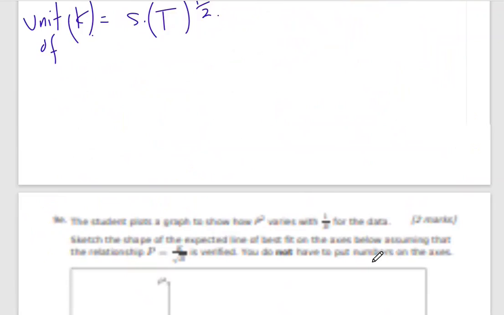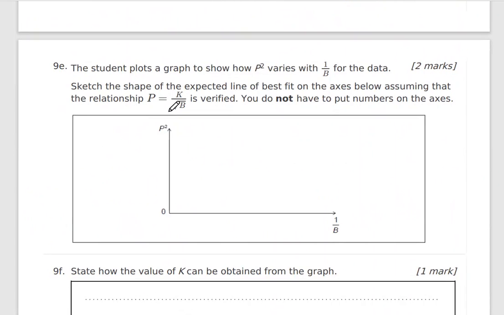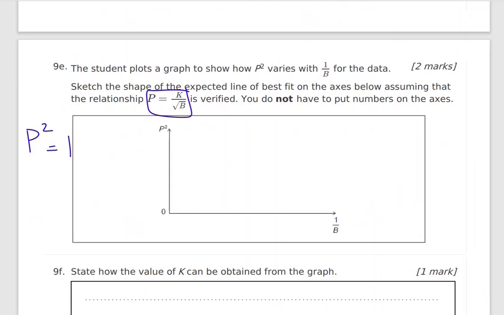Okay. Next, 9E. A student plots a graph to show how P squared varies with 1 over B. We go to the original relationship given to you: P, the period, equals K divided by the square root of B. If you square both sides, P squared equals K squared divided by B, because the square root and the square cancel.